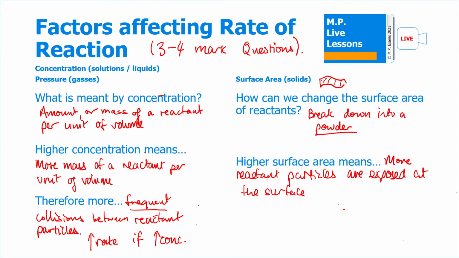So for example, if I compare it to the strip of magnesium, you'll have little dots of this magnesium instead. So other reactant particles can react from pretty much any side. It's more exposed.